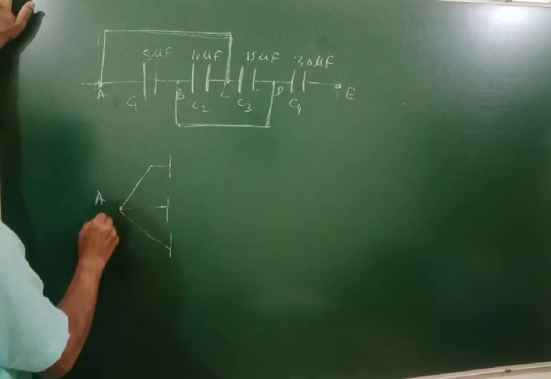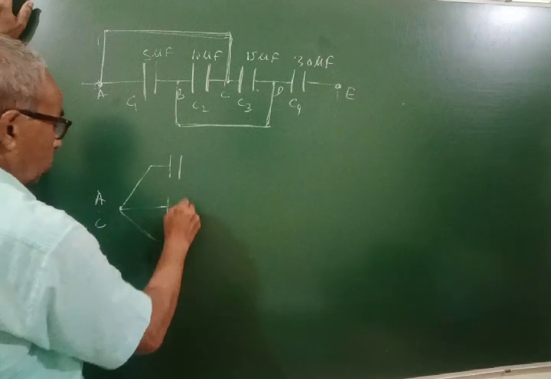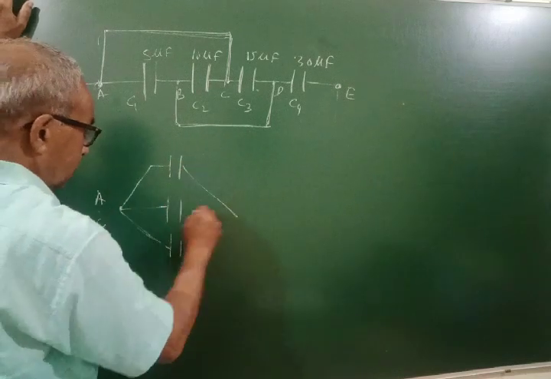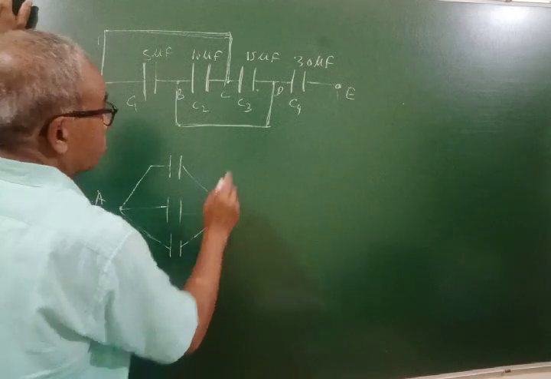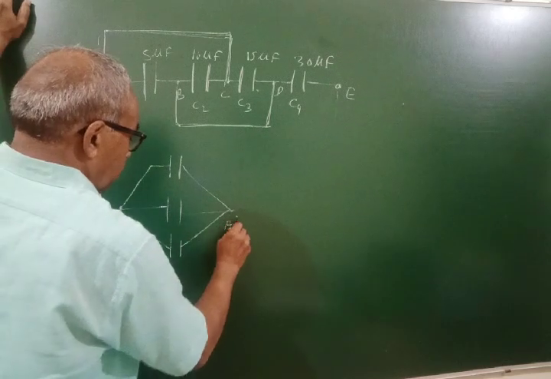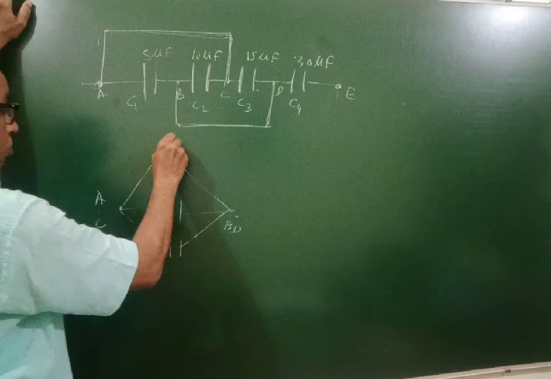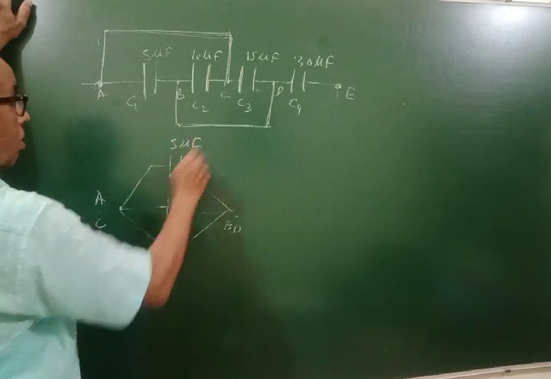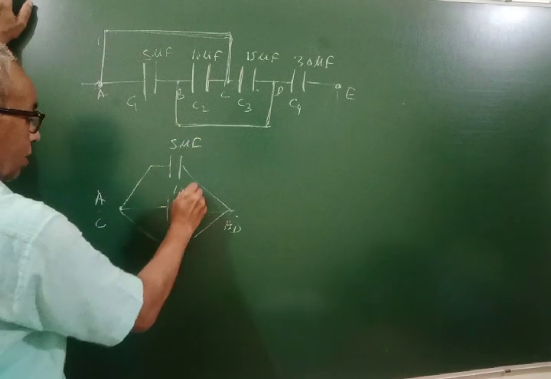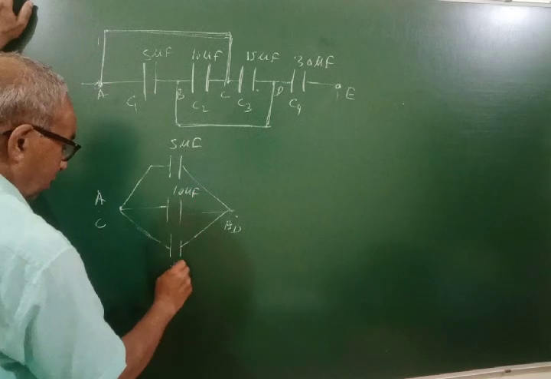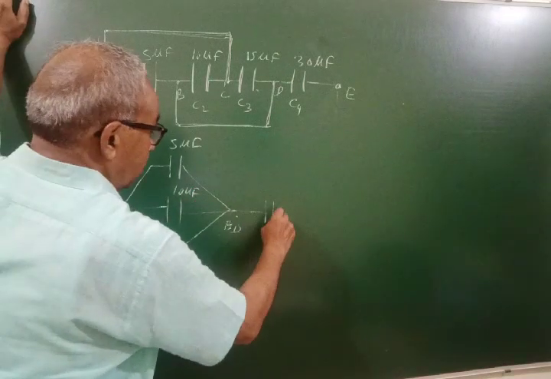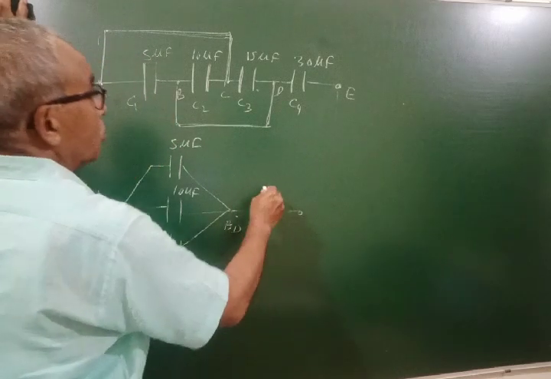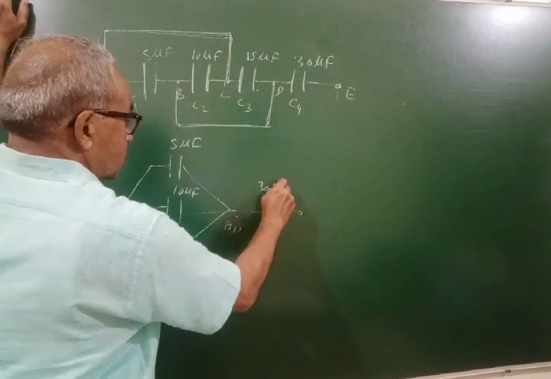Now 5 microfarad, 10 microfarad, and 15 microfarad are like this. The fourth one is like this, so it is 30 microfarad.